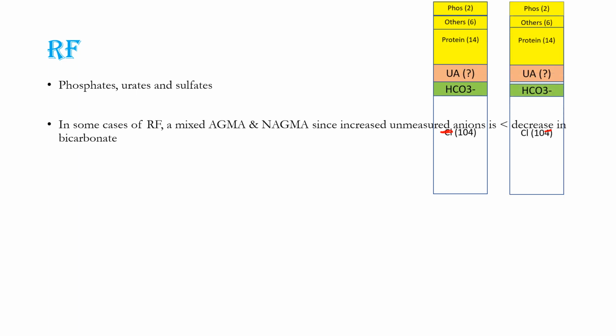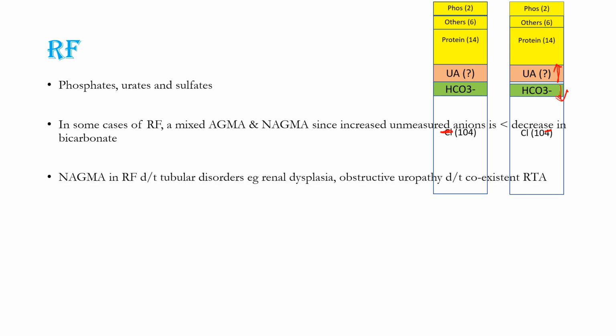In some patients of renal failure, anion gap does increase, but this increase in anion gap is slightly more than the decrease in the bicarbonate value. Increase in anion gap is more than the value of decrease in bicarbonate. So this actually happens because of tubular disorders, when renal failure is seen due to tubular disorders like renal dysplasia, obstructive uropathy, because of coexistent renal tubular acidosis in these patients.